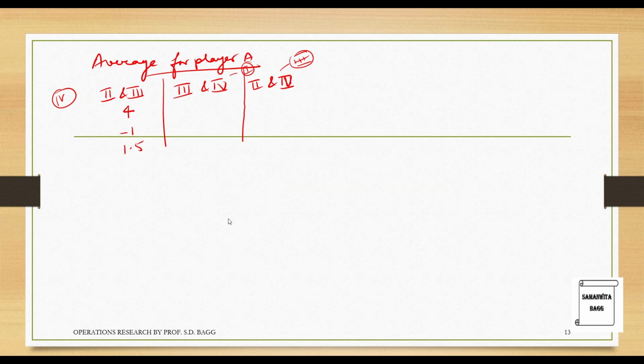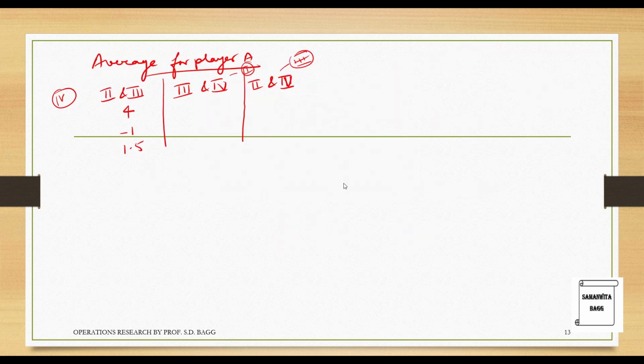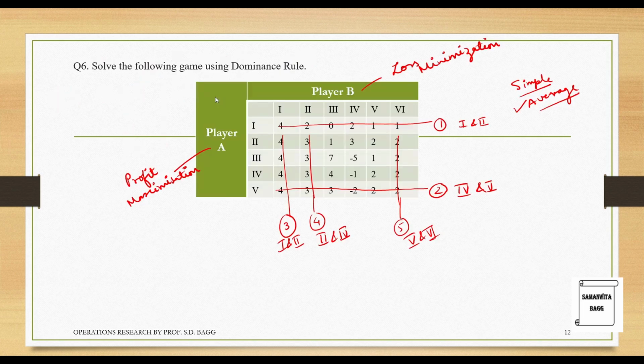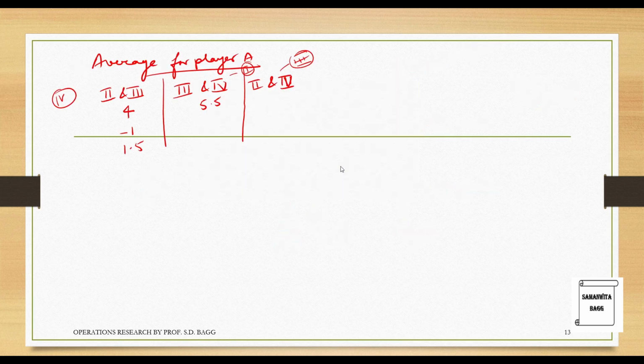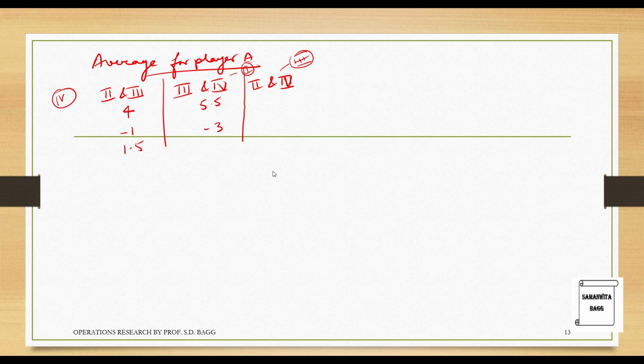Now we'll take the average of 3 and 4. So this is 7 plus 4 by 2, that is 5.5. Next one is minus 5 minus 1 is minus 6 by 2 is minus 3. And the third one is 1 plus 2 by 2, that is 1.5.